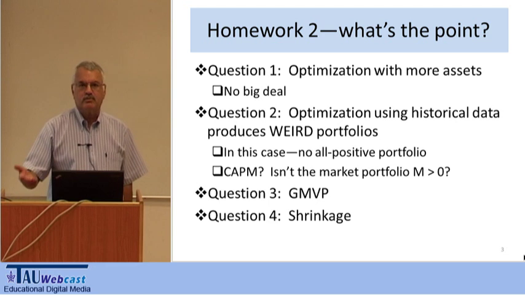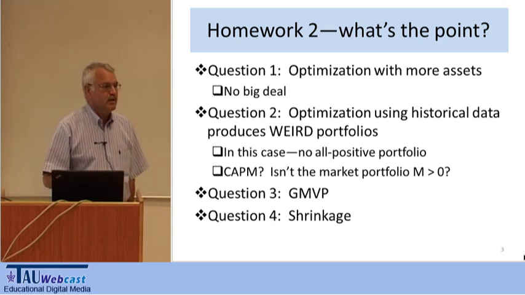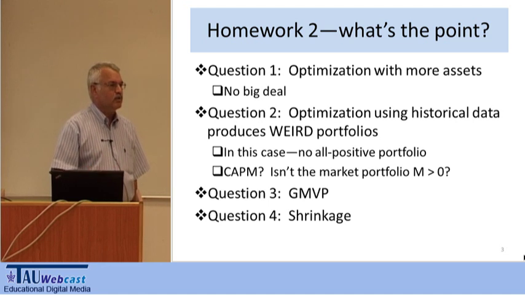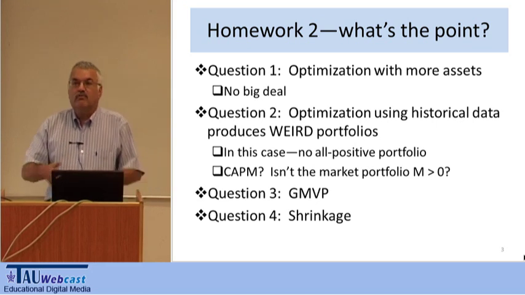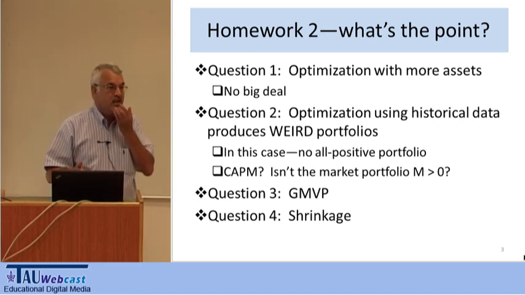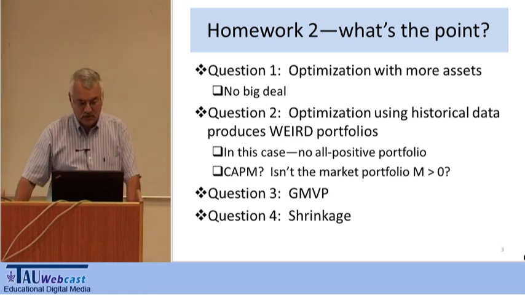Now for the capital asset pricing model, for example, that's a big problem because the capital asset pricing model says that the market portfolio should be on the frontier, and the market portfolio is a portfolio of all the assets at their market weights. So it's by definition positive.